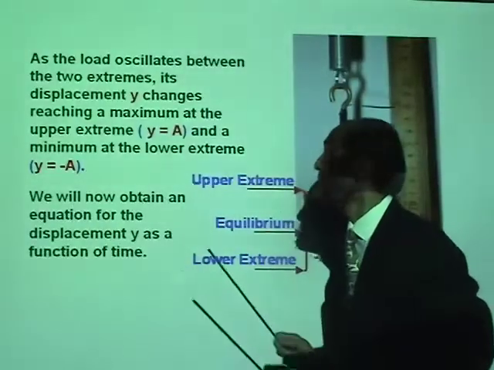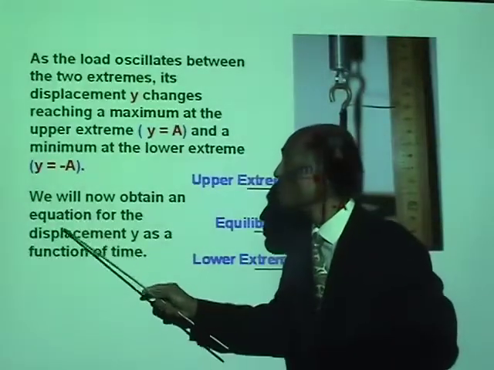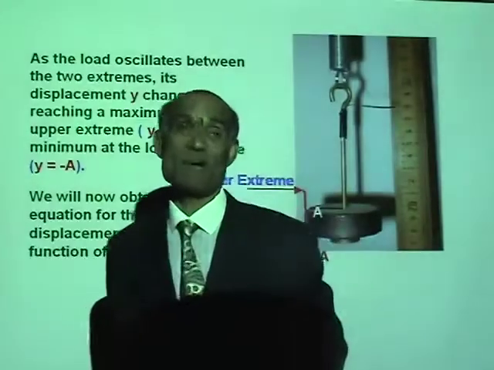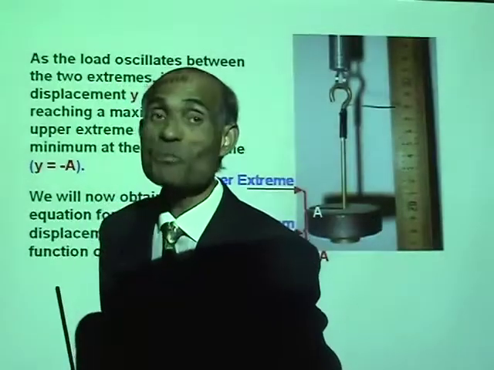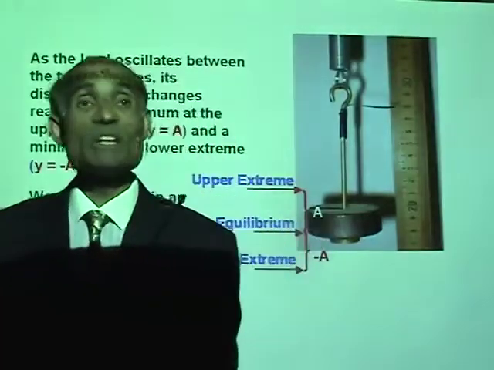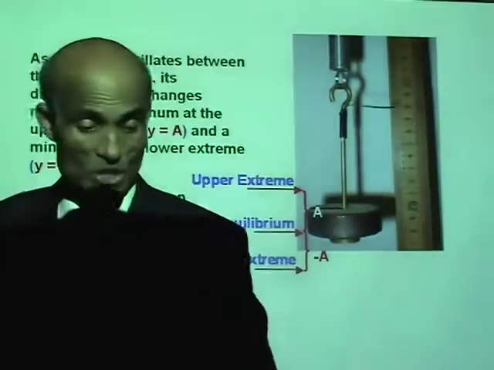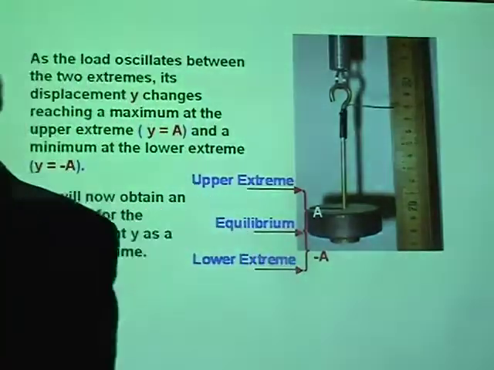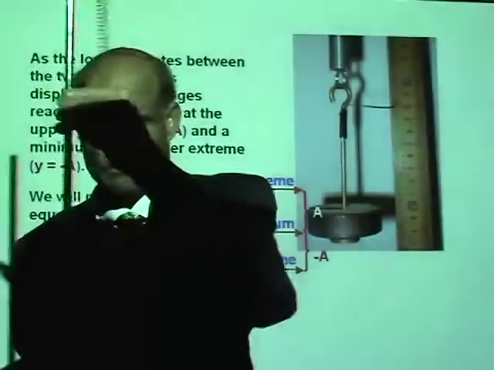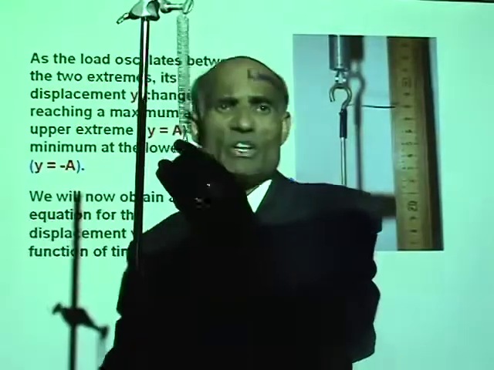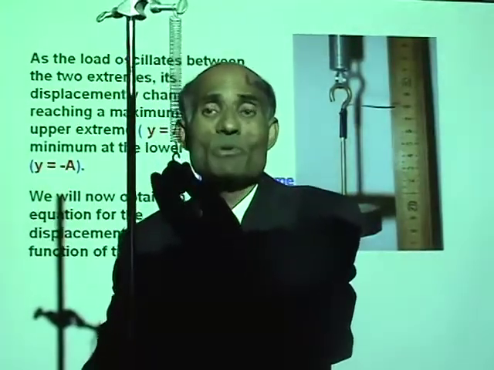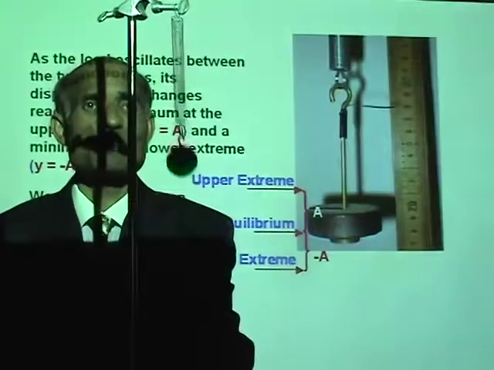We will now obtain an equation for the displacement y as a function of time. Well, and that is the most important part of this discussion. We now need an equation for the displacement, in other words, as the load oscillates between an upper and a lower extreme.